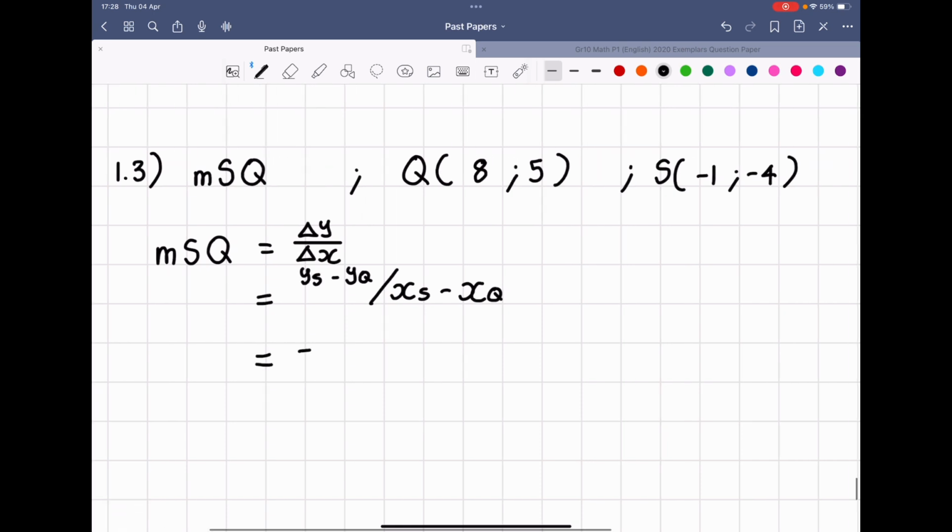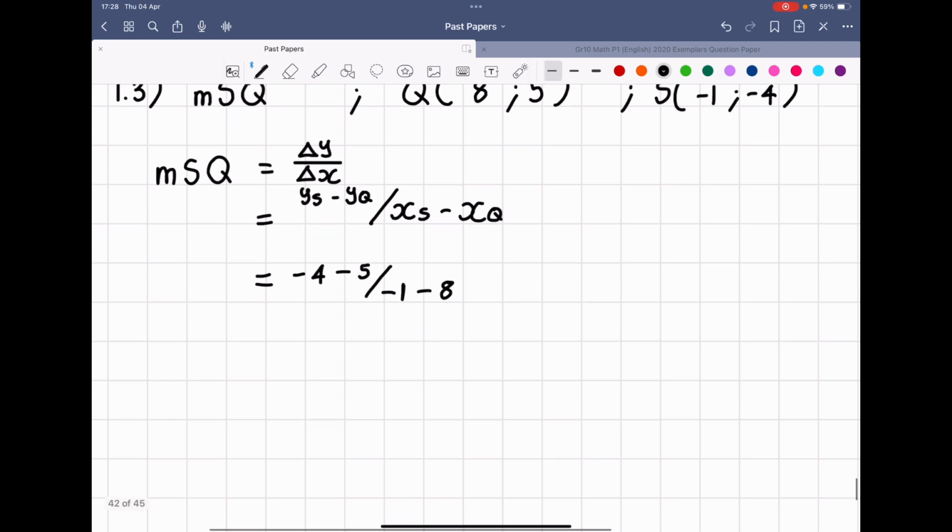Y of s is -4 minus y of q, which is 5, and that's divided by the x of s, which is -1, minus x of q, which is 8. So at the top, I'm going to have -9, and at the bottom, I have -9, and so the gradient is just 1.